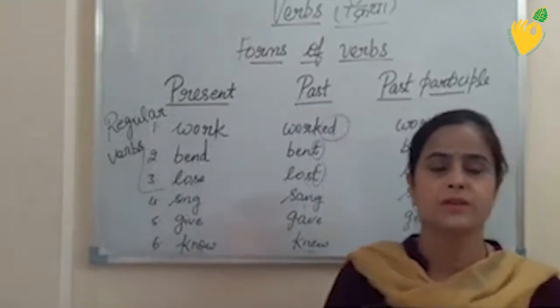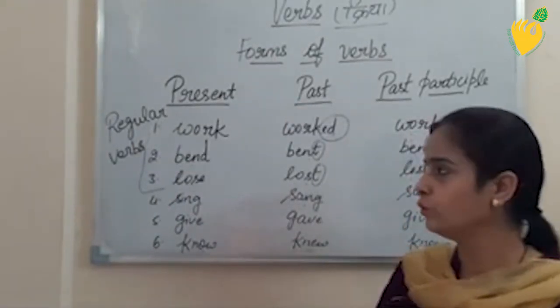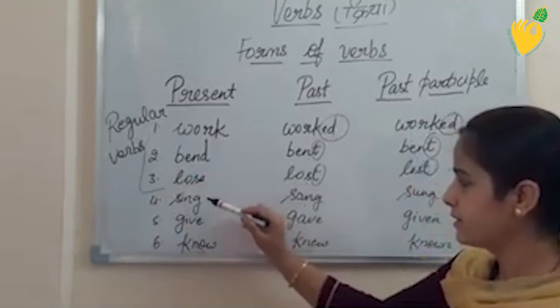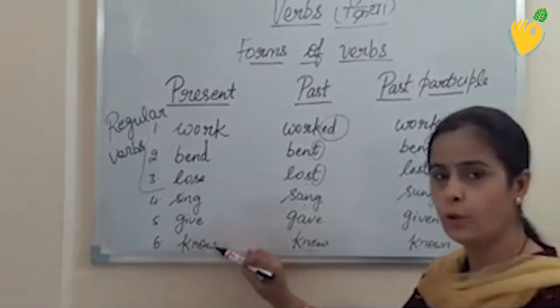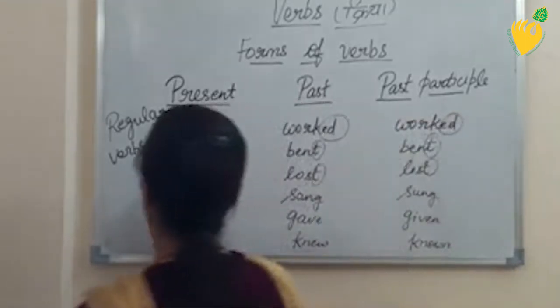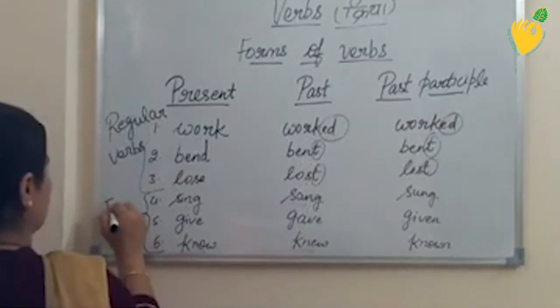And the verbs which do not follow this rule, like sing, give and know, these verbs are known as irregular verbs.